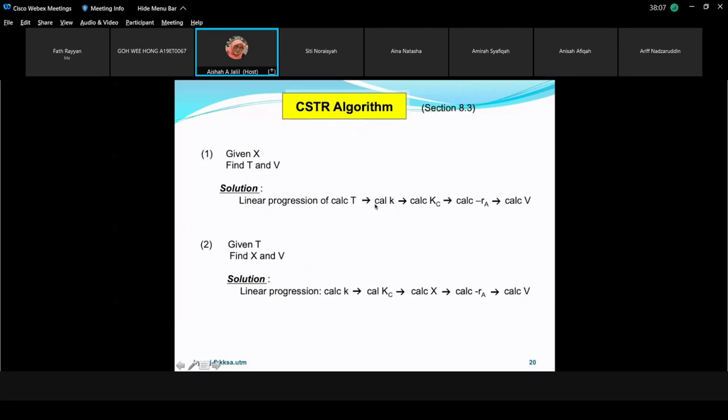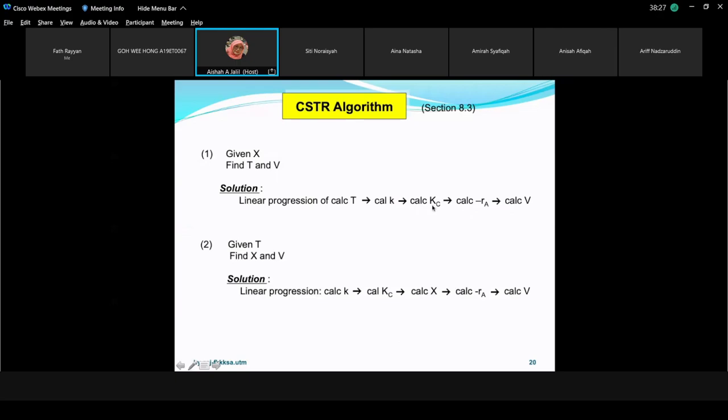When you get T, you can calculate the K, and then you can calculate the KC also. This capital letter K is for the reversible reaction. And then how to get this one? You have to calculate in the bracket of the rate law, the red bracket.